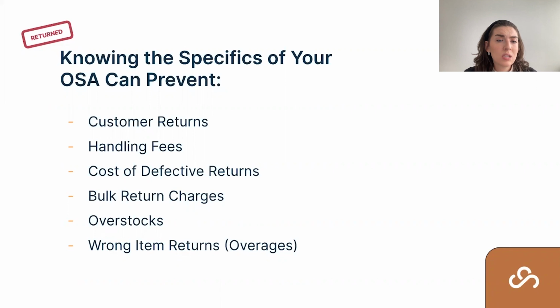Taking the 1,000-foot view, the OSA is the pillar document when disputing returns, especially when things are invalid and not outlined to the letter of what the OSA outlines.